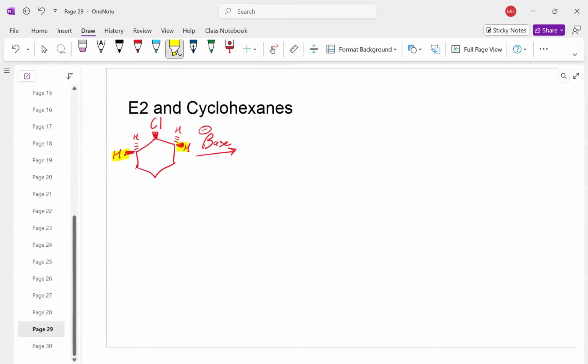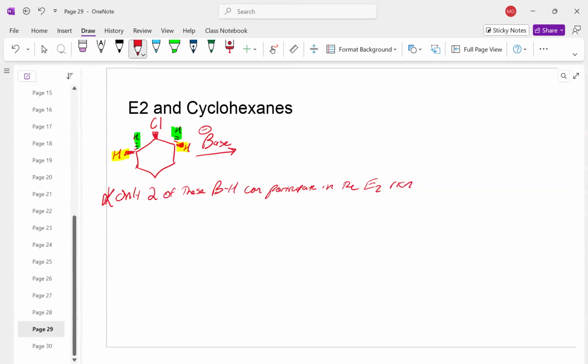So I got the solid ones there and the dashed ones there. Only two of these beta hydrogens can participate in the E2 reaction.